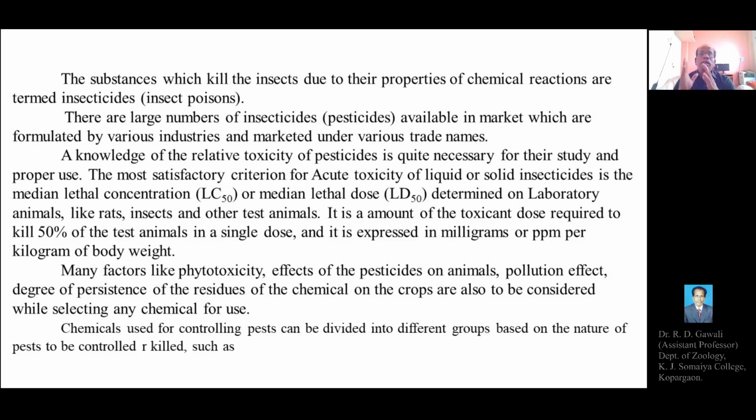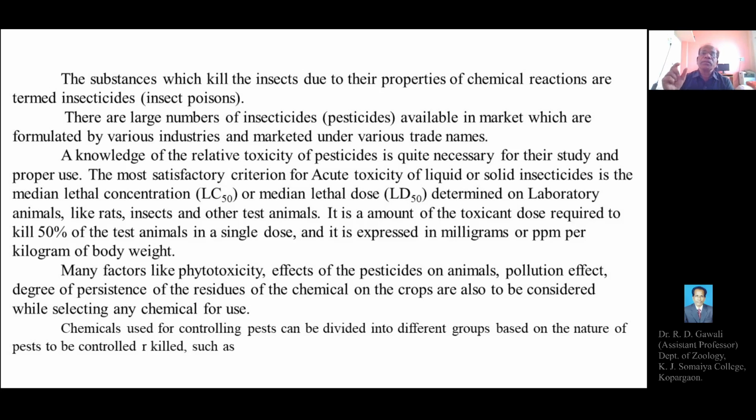So there are different types of pesticides, or chemicals which are toxic, and on the basis of their chemical reaction they kill the variety of pests or insect pests, and such chemicals are called pesticides.